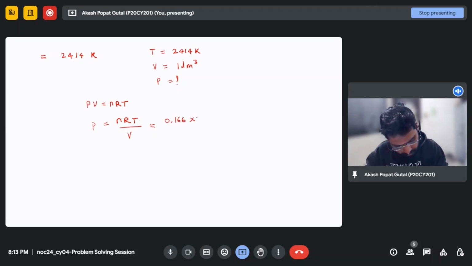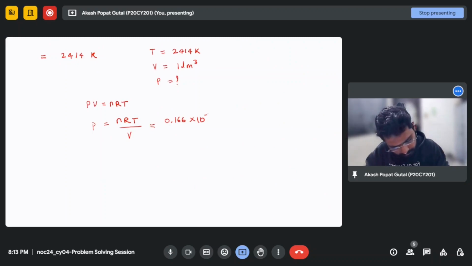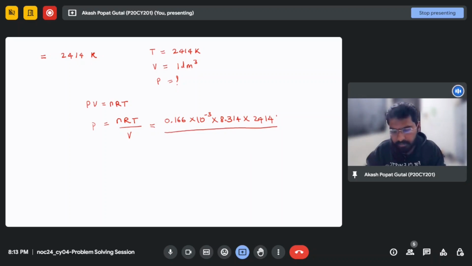0.166 into 10 to the minus 3, I think, into 8.314. The temperature is 2414, divided by the volume, which is 1 dm cube.